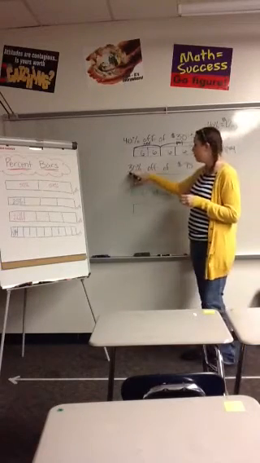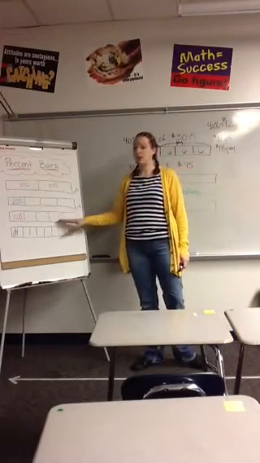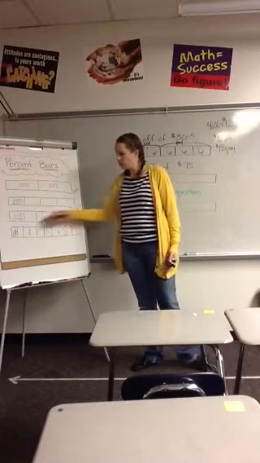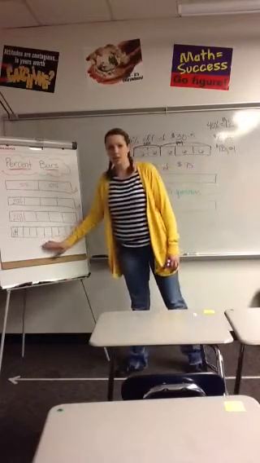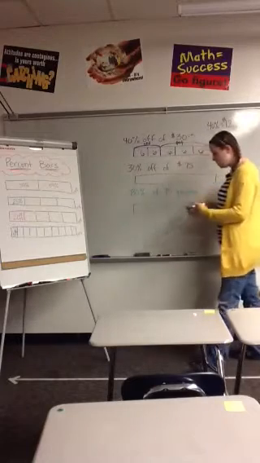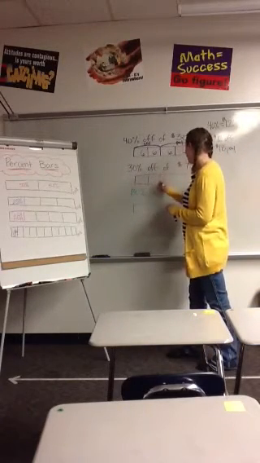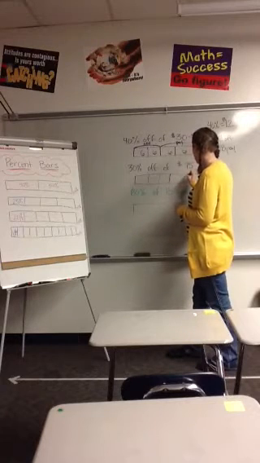Also a discount. If I have 30% off of $75, I can't use the percent bars that are in pieces of 20 because I have 30. I'd have to use half of this one. So I'm going to use the 10% bar. So if I look at this problem, I'm going to split this into 10 pieces this time.